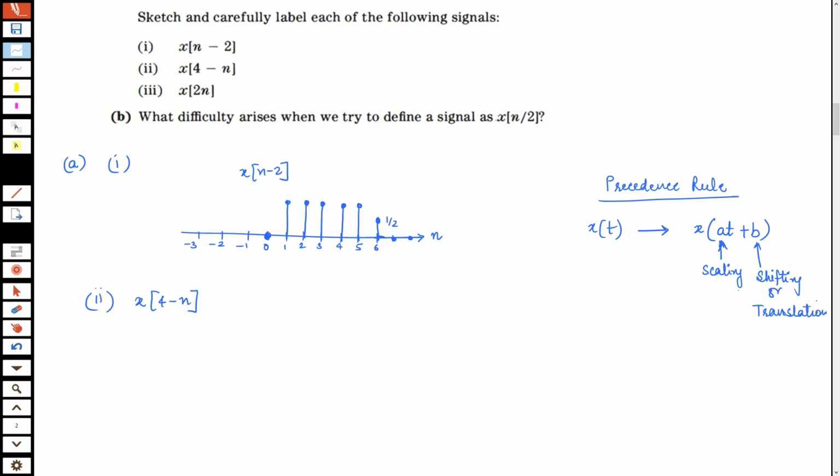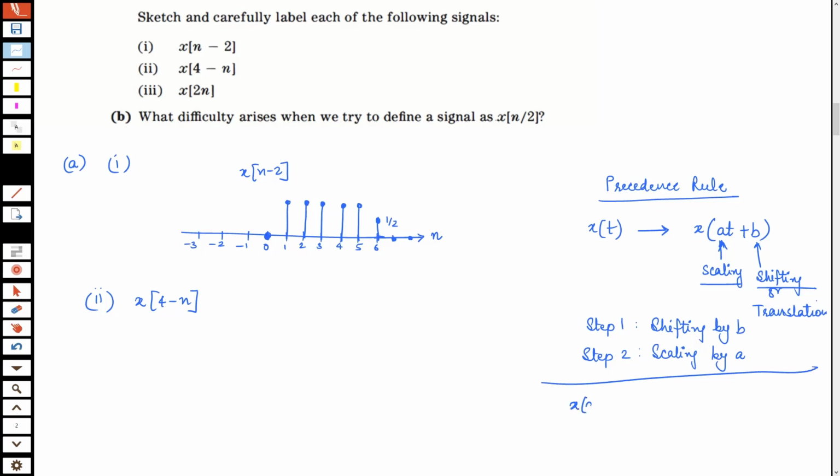In that case, how do you proceed with these operations? Because there are two operations involved, both scaling and shifting. So in that case, always remember that you do shifting first and then you do scaling. Now you would be wondering why we cannot do scaling first and then do shifting. Suppose you've done scaling, and after scaling you get the signal x of at.